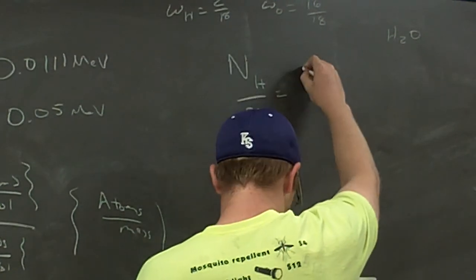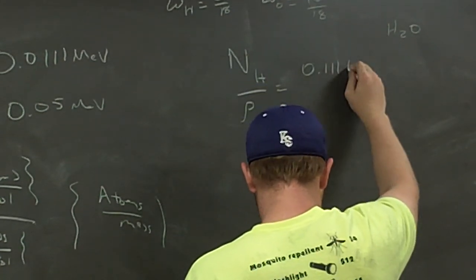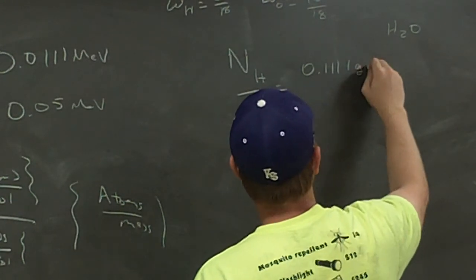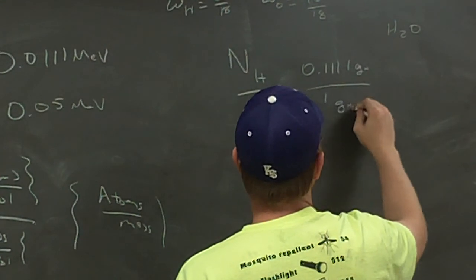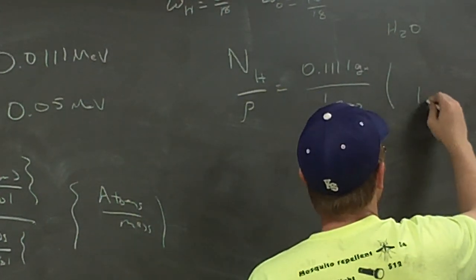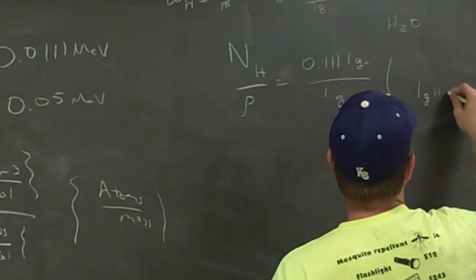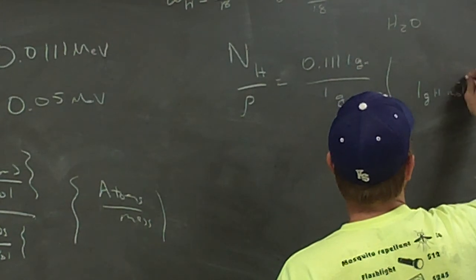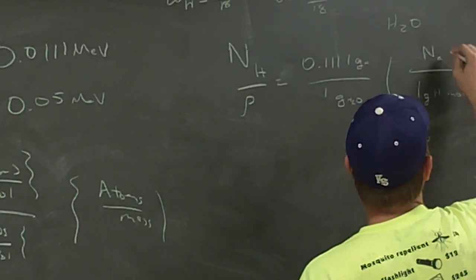So for hydrogen, we have 0.111 grams of hydrogen per 1 gram of H2O, times 1 gram of hydrogen per mole, times Na.